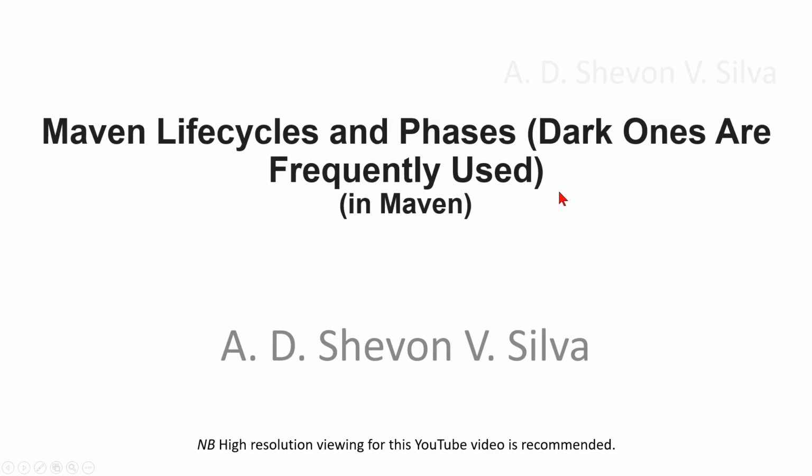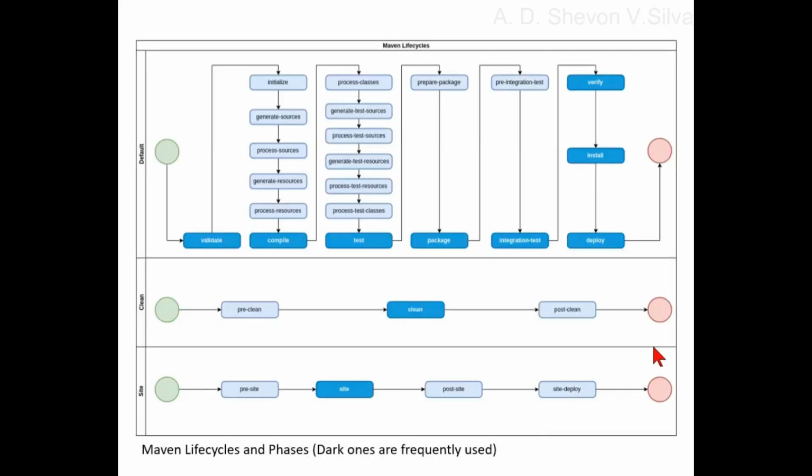Maven lifecycles and phases. Dark ones are frequently used in Maven. Here you can see Maven lifecycles and phases. Dark ones are the frequently used.